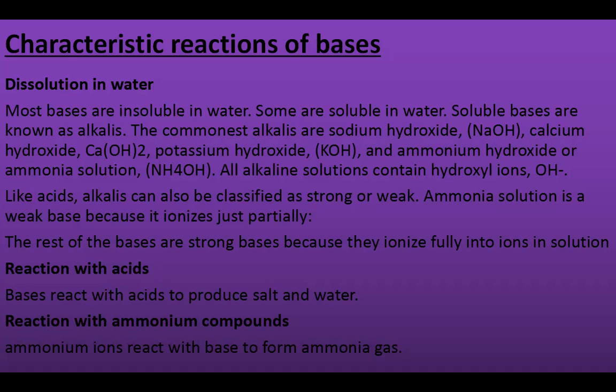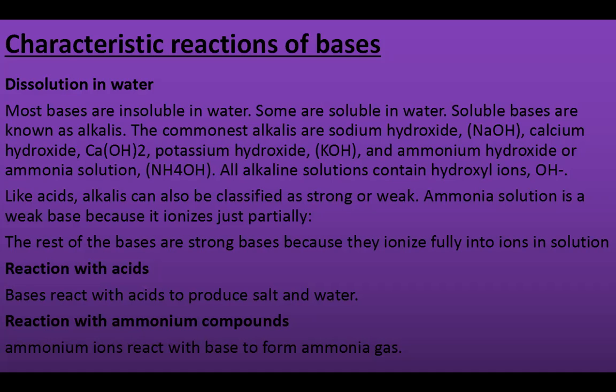Alkalis can be classified like acids, as strong or weak. The ammonia solution is a weak base because it ionizes only partially. As we saw with acids, the strong ones ionize completely, while the weak ones ionize partially.